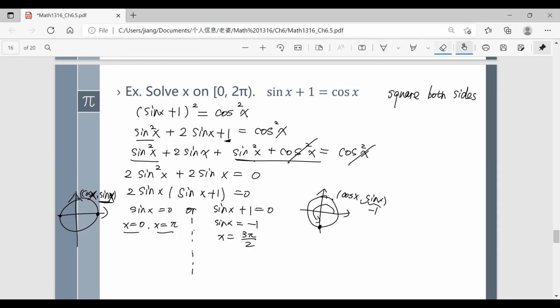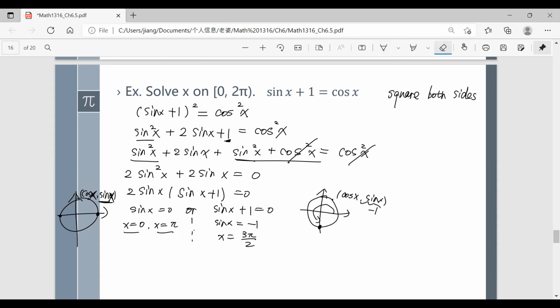Since at the beginning we squared both sides, we did something to the equation, because before we learned that we better not do the multiplication or division, and right now we squared it, so I can't guarantee all the solutions are solutions for the original equation.